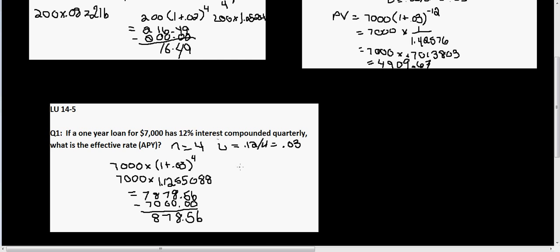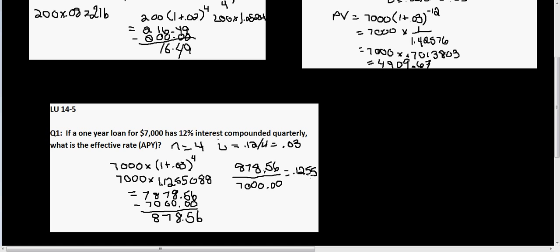We can figure that out by taking that interest amount, $878.56, and dividing that by the face value of the loan, which was $7,000. Okay, when you do that, you find out that you have 0.1255.